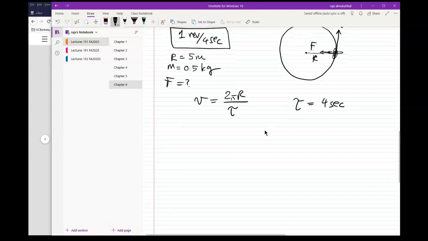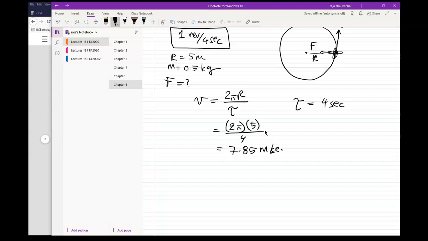So in this case, that will be 2 pi times 5, the radius is 5, divided by 4. And I just need to calculate that. I hope you're calculating with me. So that 2 pi, 6.28, times 5, divided by 4, answer 7.85. So I have the velocity, 7.85 meters per second. There we go.